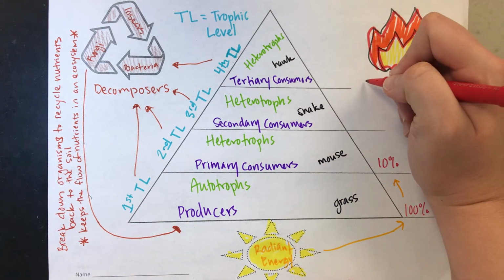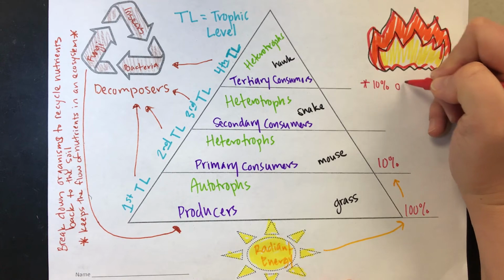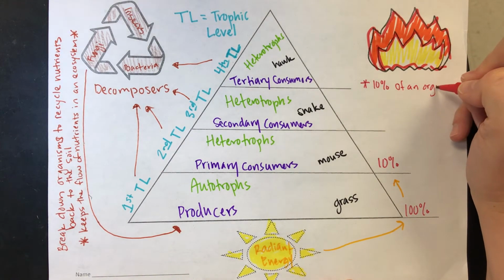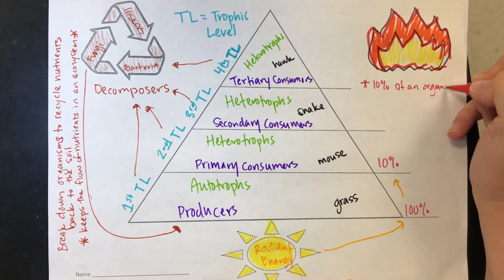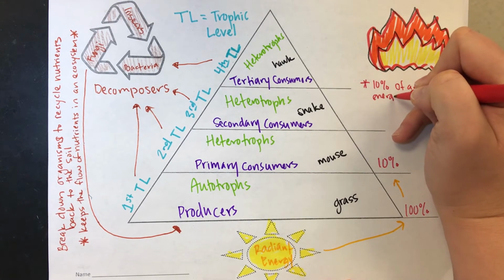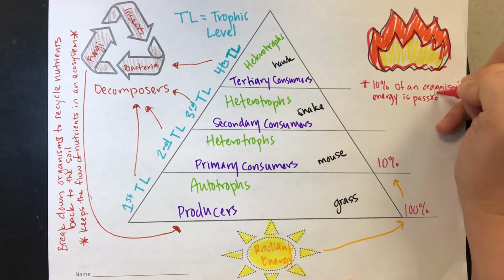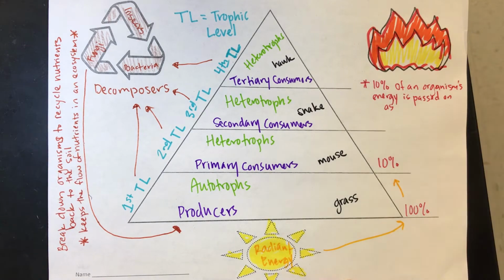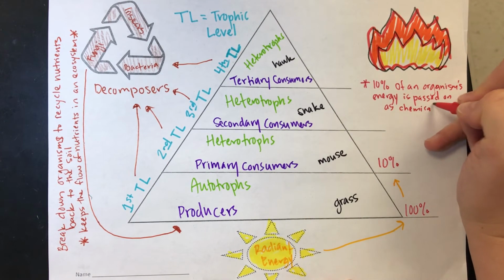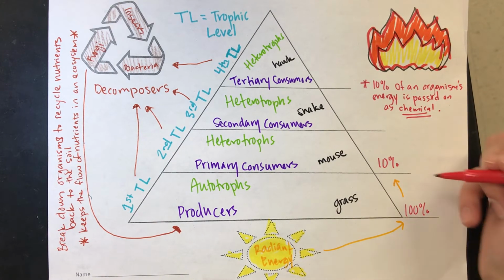So up over here, I'd like you to write down that 10% of an organism's energy is passed on as what type of energy? Chemical. So 10% of an organism's energy is passed on as chemical.